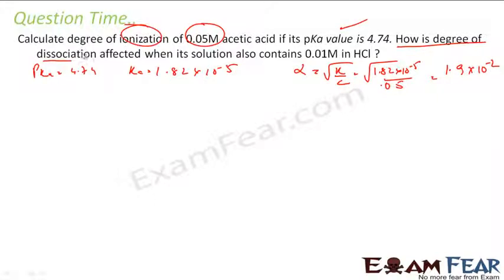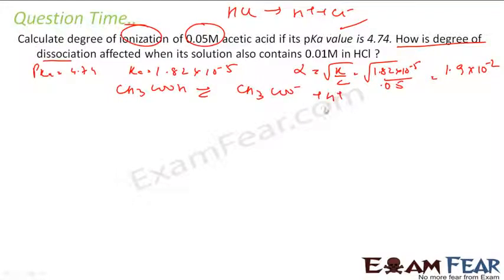Now the question is, how is the degree of dissociation impacted when we have HCl? HCl will completely dissociate into H plus and Cl minus ions. The reaction is acetic acid, CH3COOH, gives CH3COO minus plus H plus.